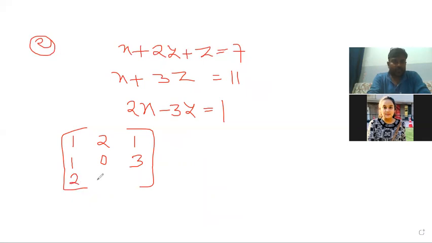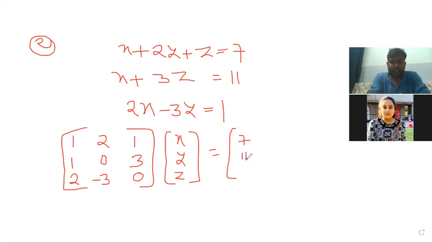The coefficient of x is 2, the coefficient of y is minus 3, and z is 0. And we write down here x, y, and z. On the right hand side, there are three values given: 7, 11, and 1.